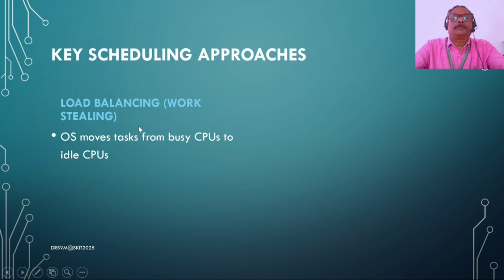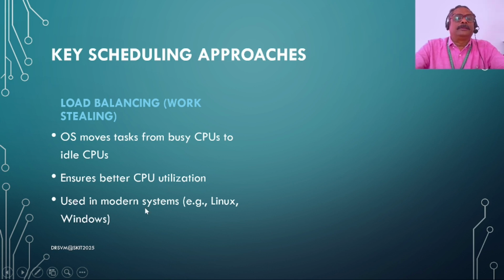Through this the load gets balanced. All CPUs regularly get almost equal amounts of work, and that ensures better CPU utilization. This is commonly used in modern systems like Linux and Windows.